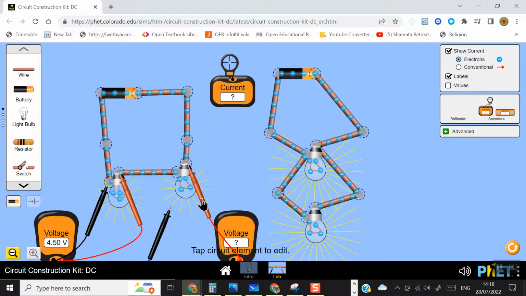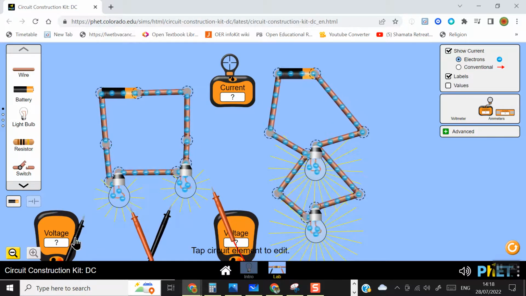Now, if we take away these voltmeters and we just look at the circuit, this is an in-series circuit. And now if, for example, this bulb stops working, that's going to break the circuit, and both lights are going to go out. Okay, so you're not going to get electricity flowing through either of the bulbs.